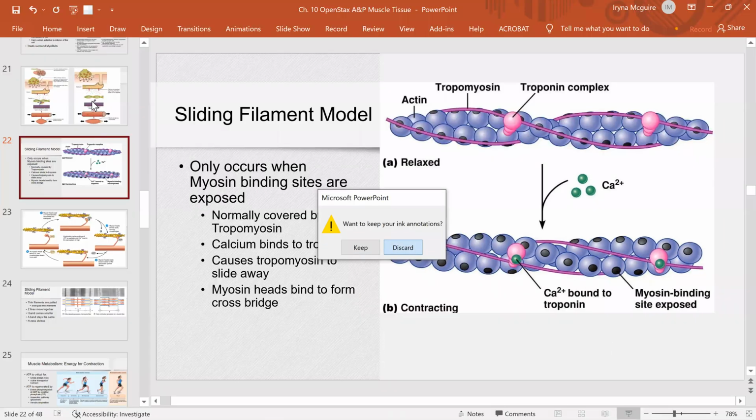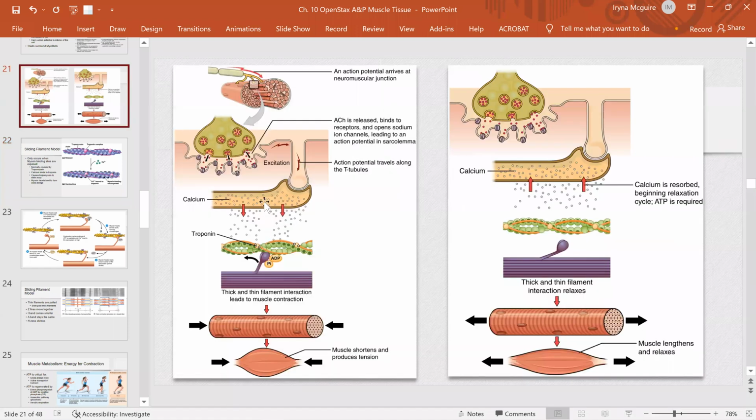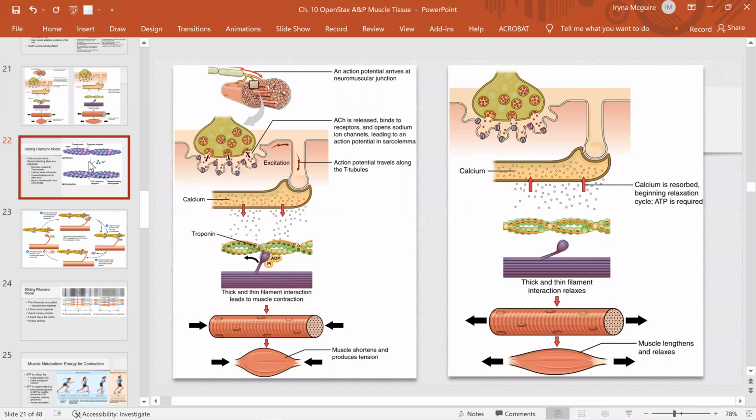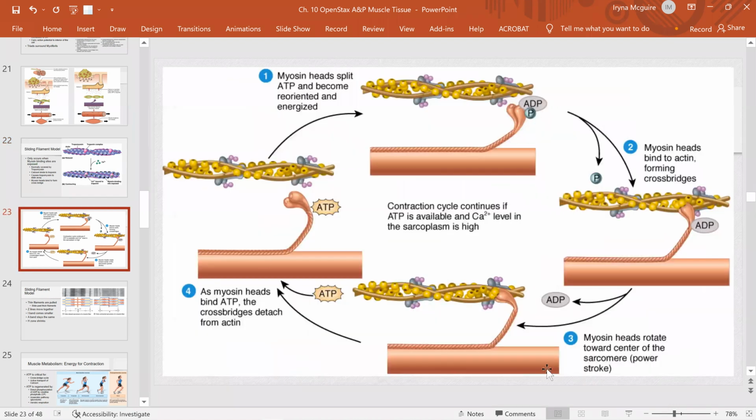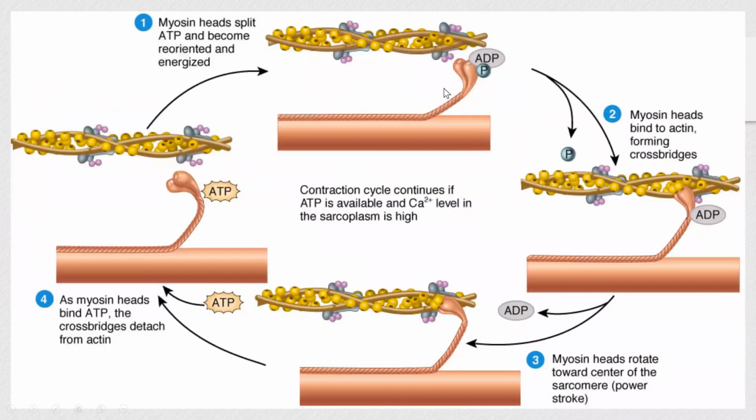Remember when we were going through all this process over here to release calcium from the sarcoplasmic reticulum. Well, now we know what we need this calcium for, because calcium can bind to troponin, and it will cause tropomyosin to shift away from the myosin binding site. And now we're good. Now myosin can bind on actin.